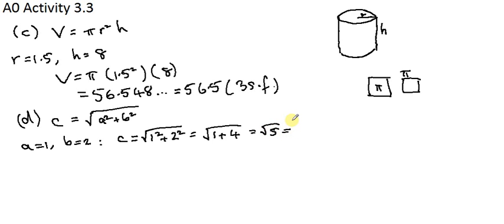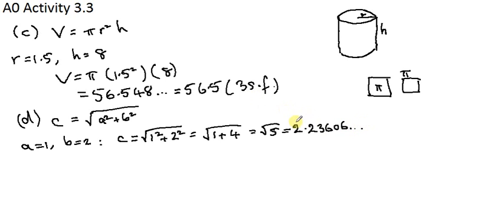Square root of 5, I don't know what it is, but my calculator does. So I press the square root button, 5, equals 2.23606, and so on.